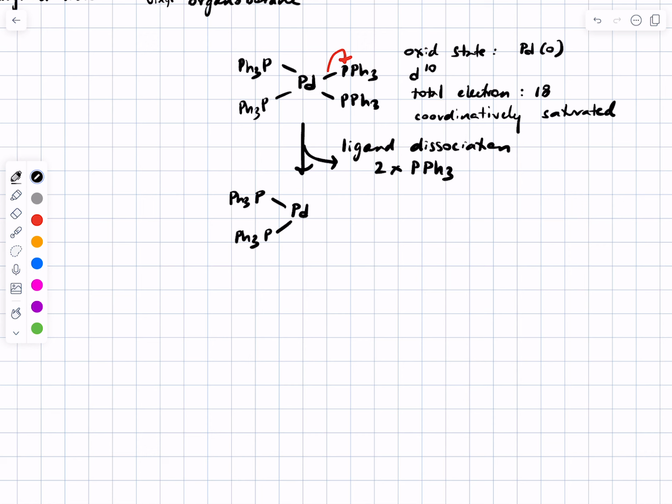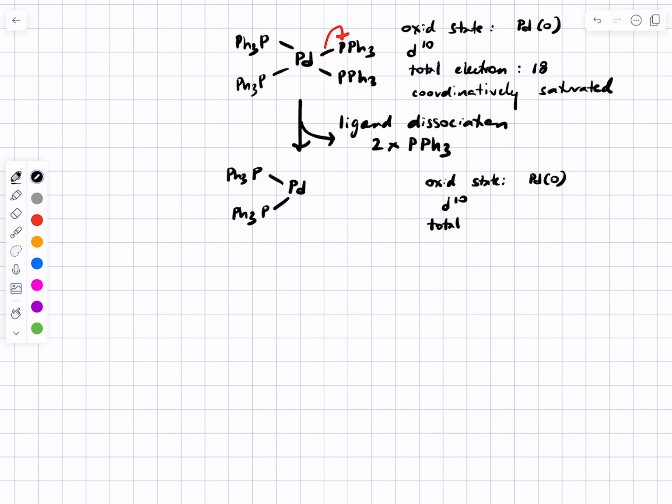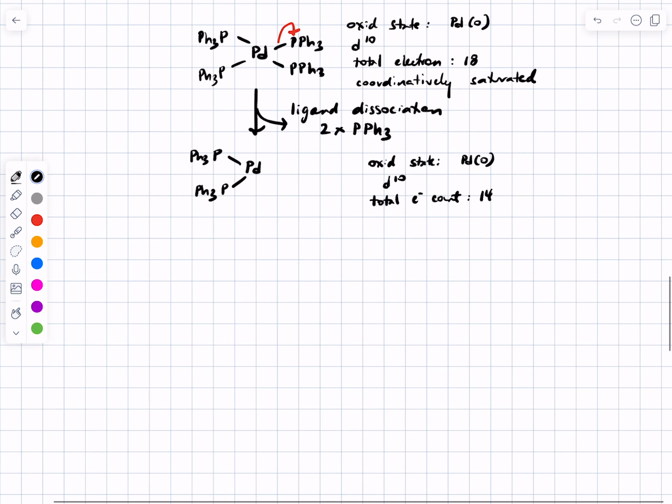The overall complex is still neutral, so oxidation state is still palladium 0. There are still 10 d electrons present, but the total electron count is now 14. So there is space for additional ligands. And now this is the active catalyst, and now we're ready for the reaction.